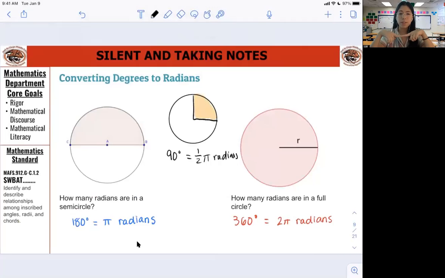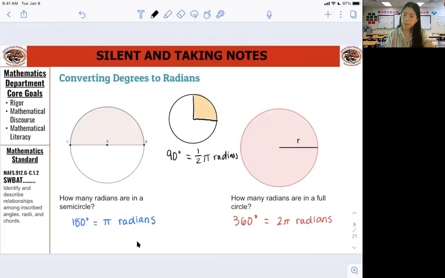With angle measurements, you can measure using degrees, and we know how to use those already, or you can measure angles using radians. So it's like 2 different units to measure the same exact thing. Think of radians and degrees similar to feet and meters, or miles and kilometers.